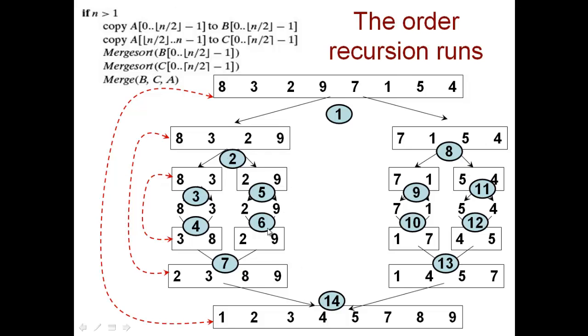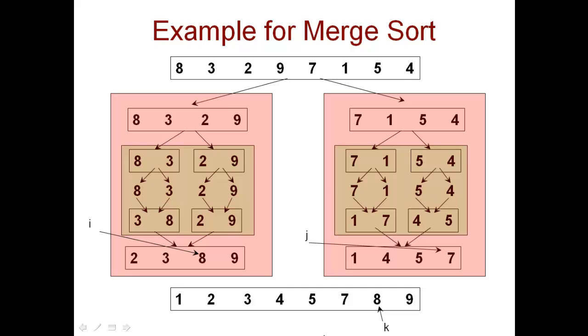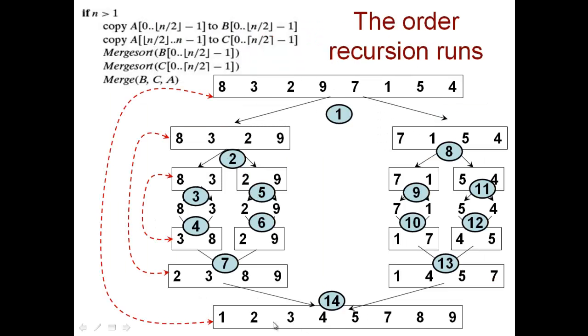And now these are the two sorted subarrays B and C of the parent array, which is this one, A, and then you merge these two sorted subarrays. We went through the process last time. So you start with the first element of each subarray, 2 and 1 in this case. 1 is smaller, so overwrite this 8 with 1, then move the pointer to this element, which is 4, compare 2 with 4. 2 is smaller, so write it down here and move the pointer to the next element.